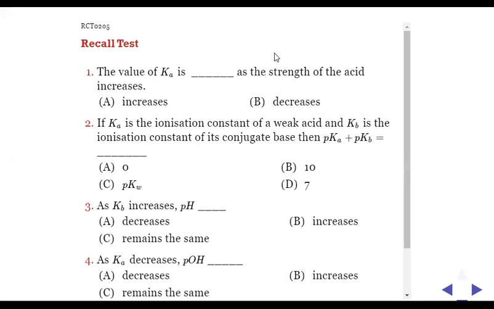Just think about it. Kb increases, means concentration of OH increases, which means concentration of H plus decreases, right, everyone? Which means pH, tell me, think about it.